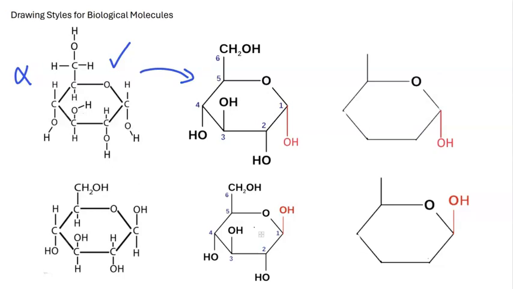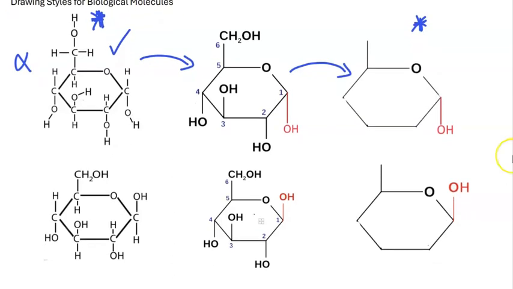You can see here that the carbons are indicated by the numbers at the vertices, and the orientation of the OH groups is shown by filling those in. And there's a further reduction and simplification in this structure here. For the purposes of an examination, you would probably be drawing at this end, but perhaps in an essay where you're dealing with polymers, you might be drawing at this end.